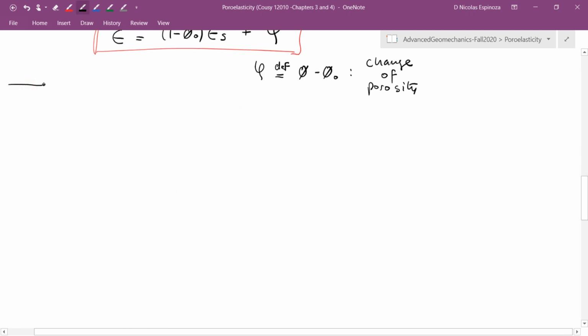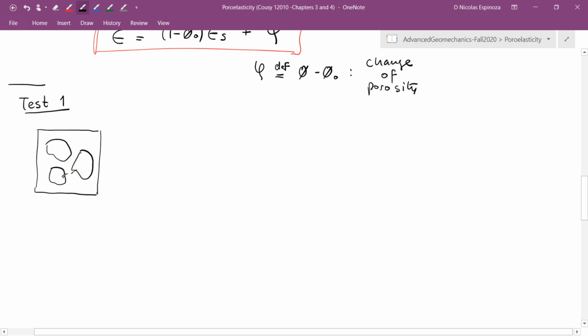We're going to apply two thought experiments. First, test number one. In test number one, we're going to have our porous solid, and we're going to have pores over here.